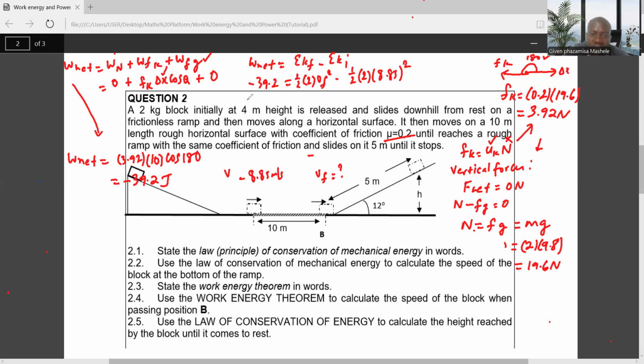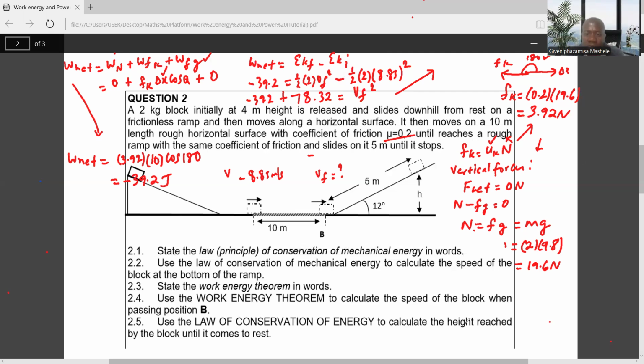So this will be minus 39.2 plus this answer. When you get it, it will be 8.85 squared times 2 times half. It will just be 78.32. This will give us Vf squared. I hope you are following.